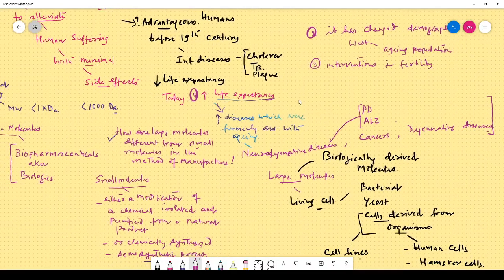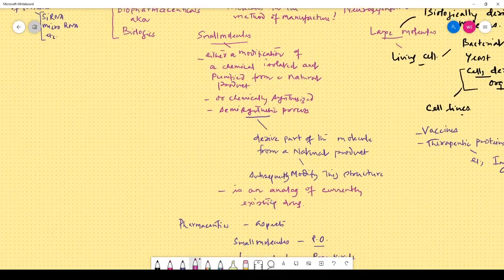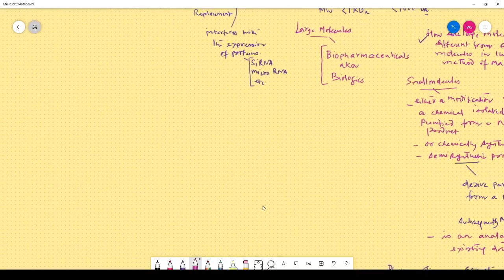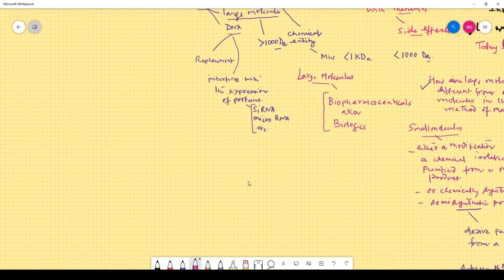Okay, so drug discovery also has other consequences. Okay, so large molecules currently are the most valuable drugs coming out of the pharmaceutical industry. They're most valuable for the industry because they are very high cost.